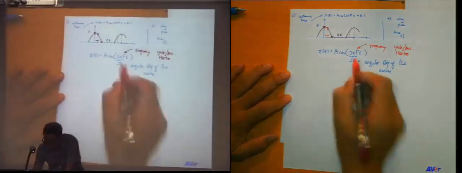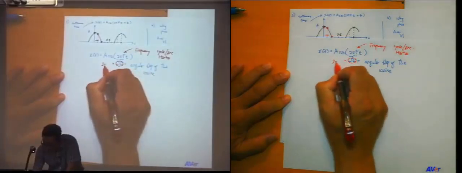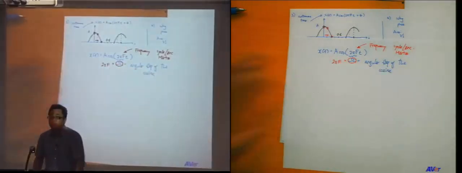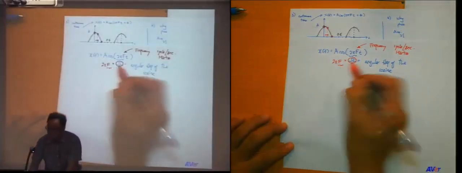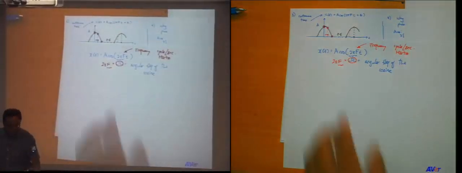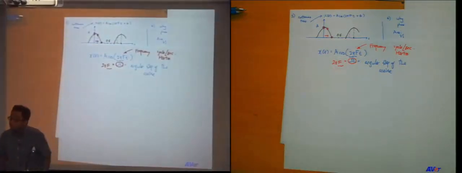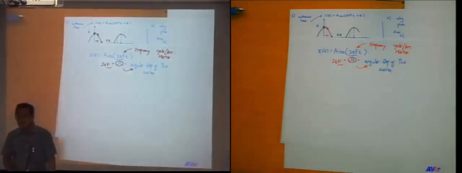What about this term, which is nothing but 2 pi big F? If F is, for example, 1 or 2 or 3 or 4, then it's nothing but 2 pi times the number F. And it has a special name: it is called the angular frequency.